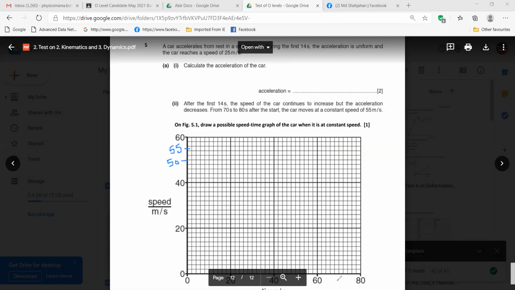Then we have here 70. 1, 2, 3, 4, 5. 70, yes. Just correct it. That's it. So 70 is here. Then 71, 2, 3, 4, 5 here. So from here, we'll draw a line here. That's it. Constant speed.